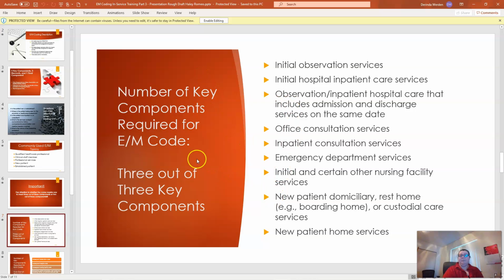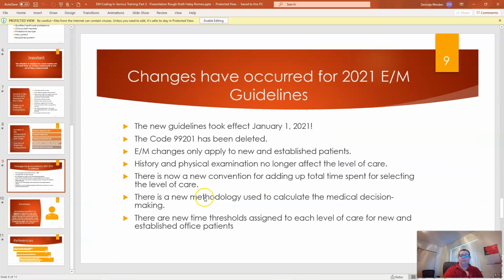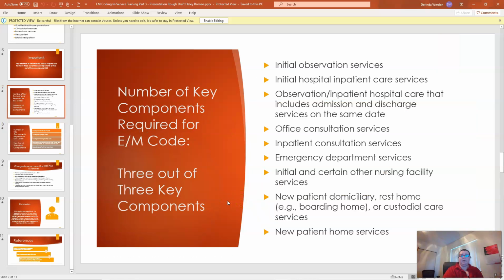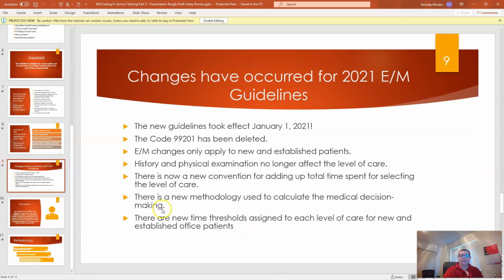You have the number of key components required for an E&M code. For subsequent, the first one was for initial, for the 3 out of 3, and then you have the 2 out of 3. Changes that occurred for 2021 E&M guidelines. This is a nice slide that you have added so they can specifically see how things have differed.